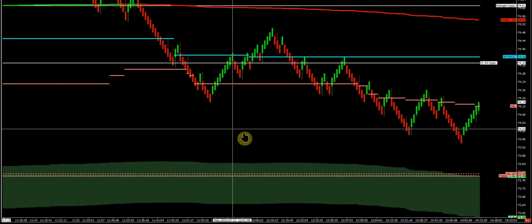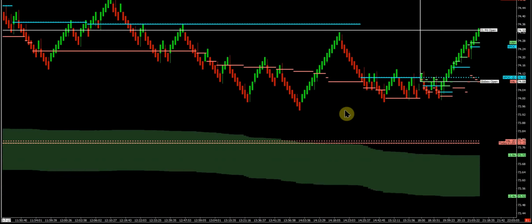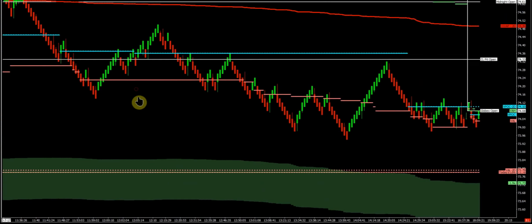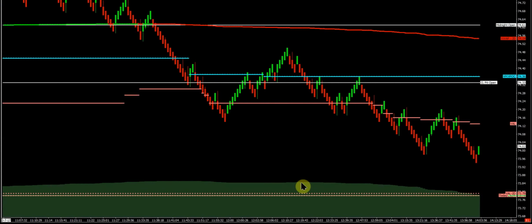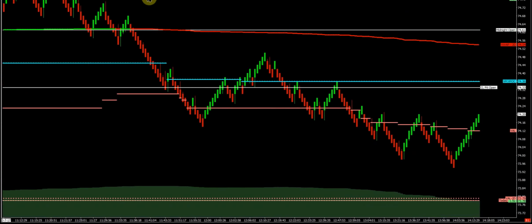Okay, where did it go? Eventually it came right back down here, 74.60 to there, which was today's low. So we're looking at eventually right down in here at the end of the day. What would that have been? Let's find out, shall we?